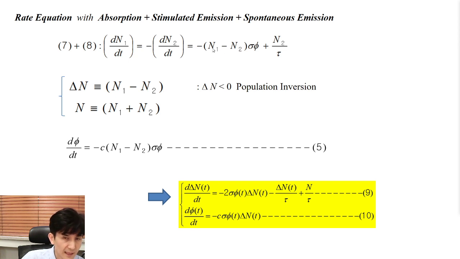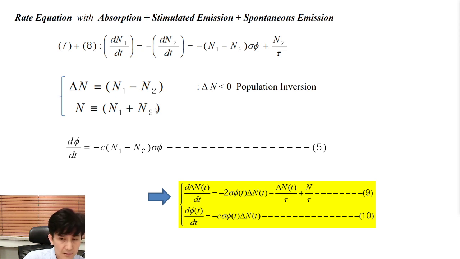So we replace n1 and n2 with delta n and N. N is just n1 plus n2, the total number of atoms per volume. When delta n becomes negative, that means the number of excited state atoms is larger than the number of ground state atoms. It's called population inversion, and the medium acts like an amplifier instead of an absorption medium.